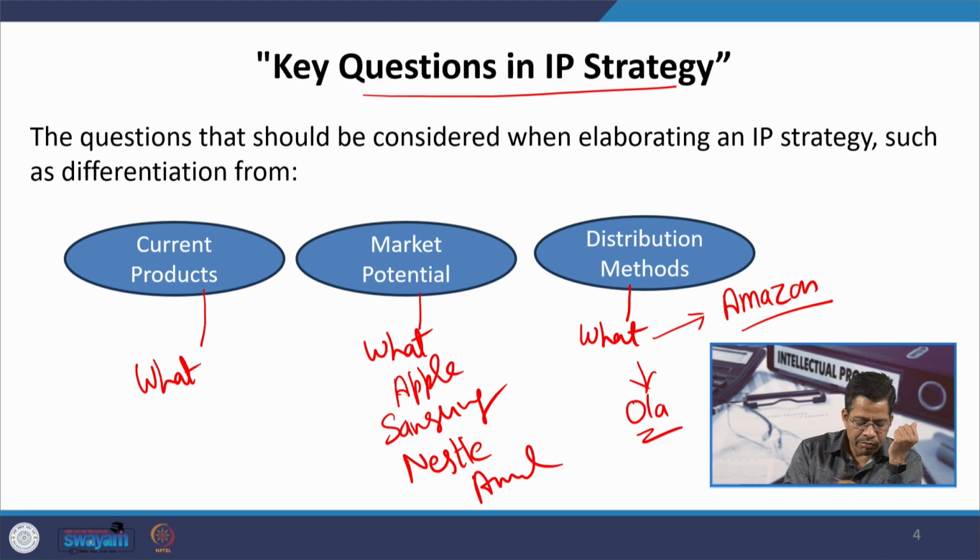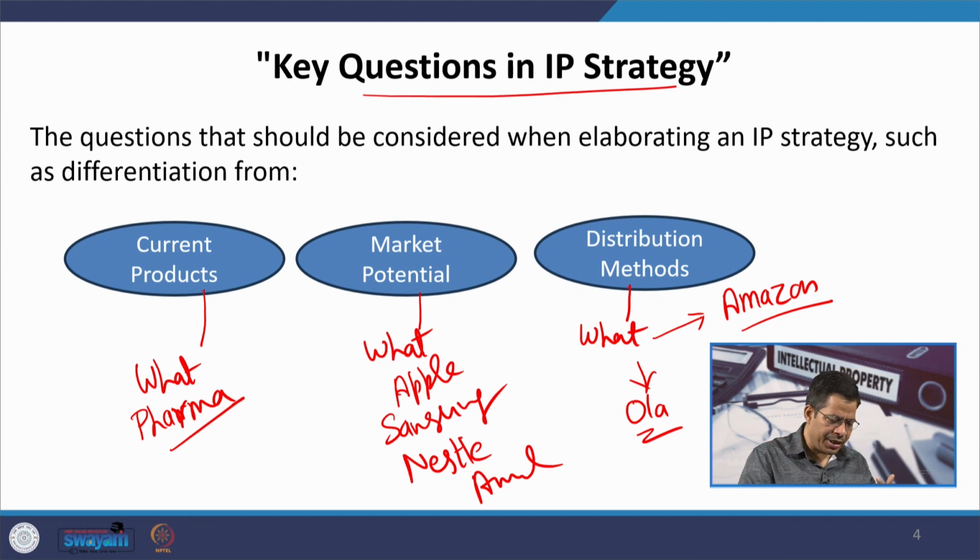IP strategy. And then companies which are dominating particular product categories, particularly if I am a pharmaceutical company, I may be having specialty in, let us say, cancer drugs, I may be having specialty in some vaccines.